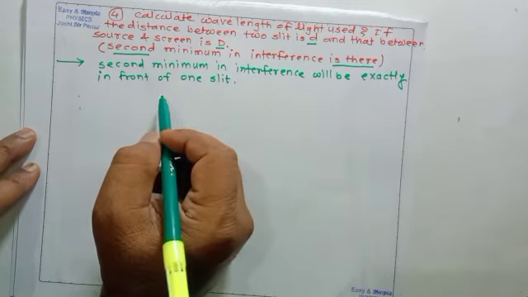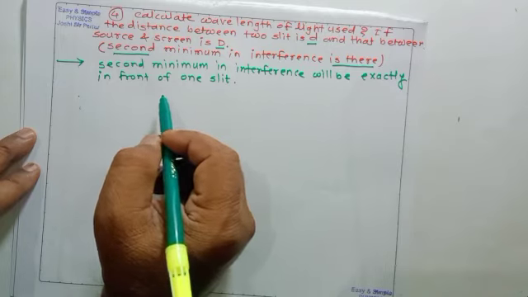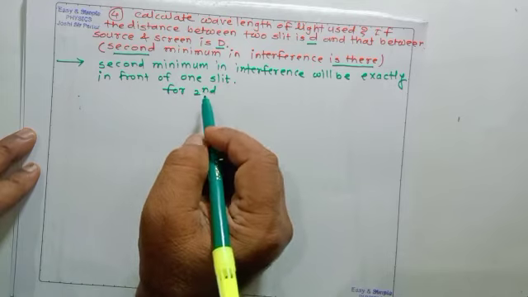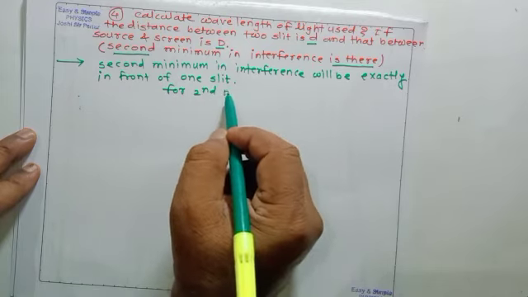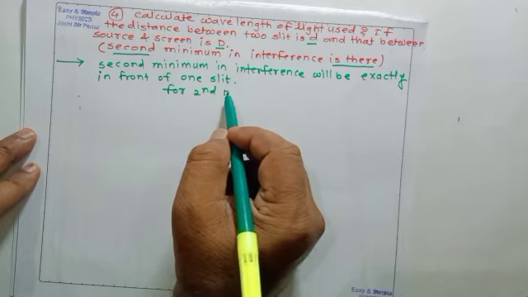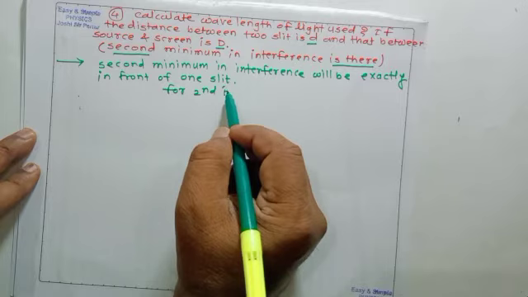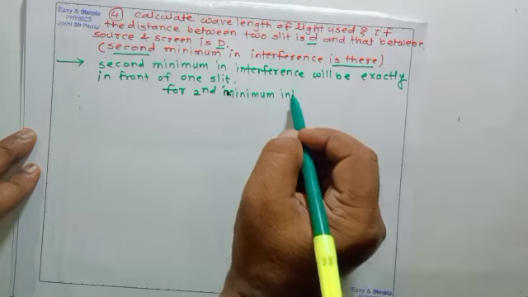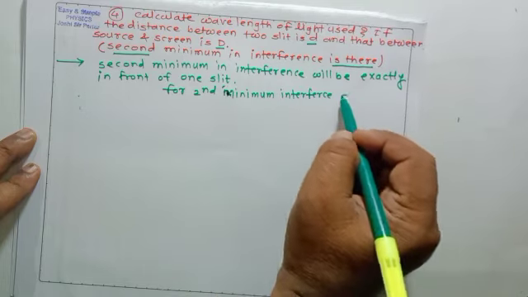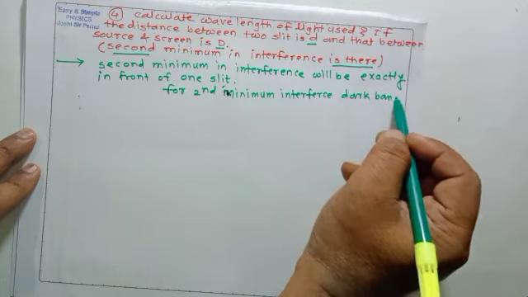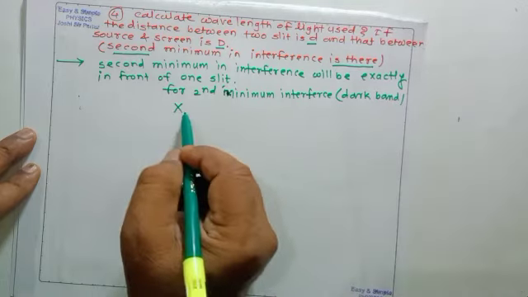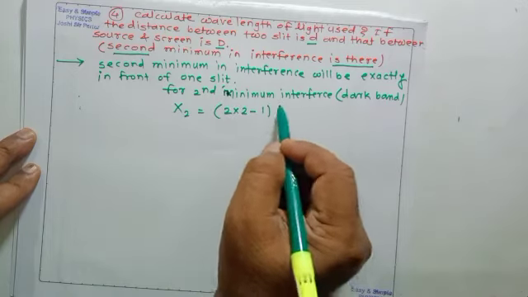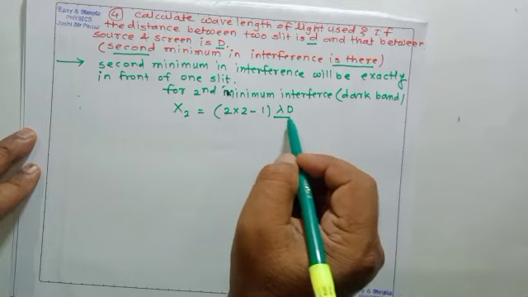Means here for second interference minimum, interference minimum means dark band, we can write x2 is equal to 2 multiplied by 2 minus 1 lambda capital D upon 2 small d.